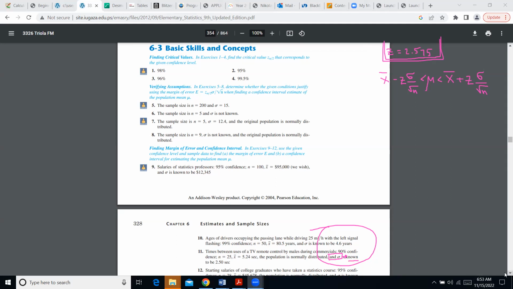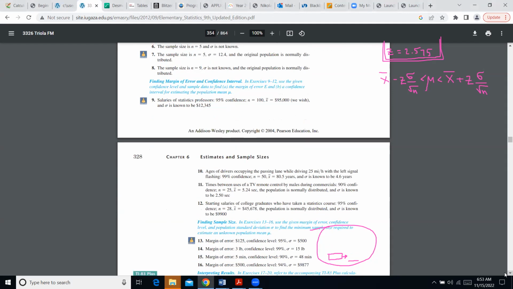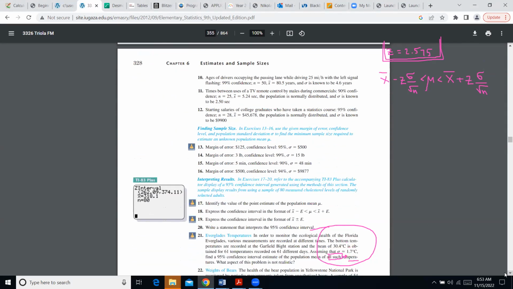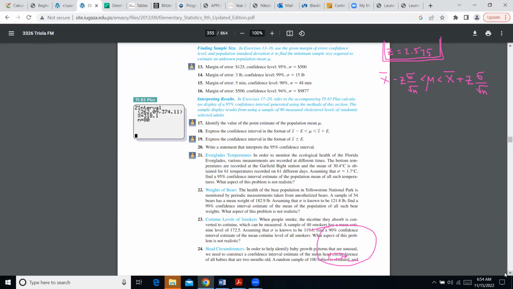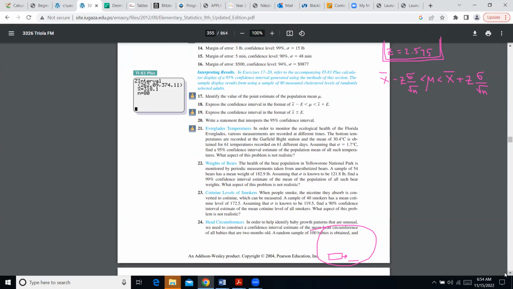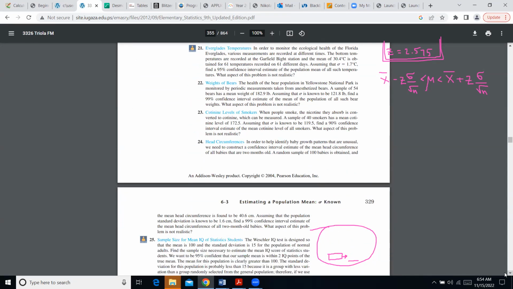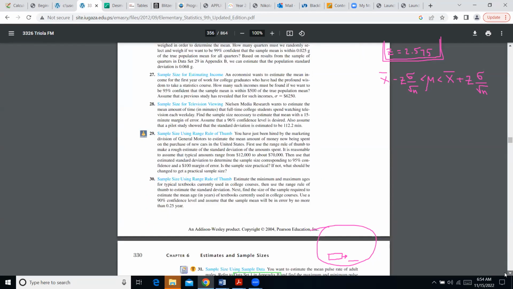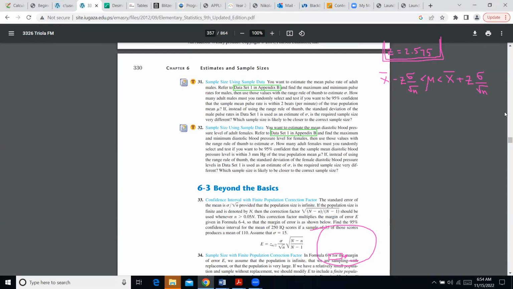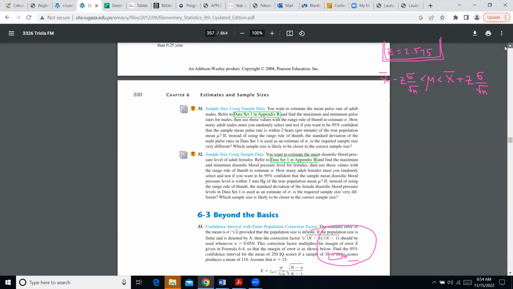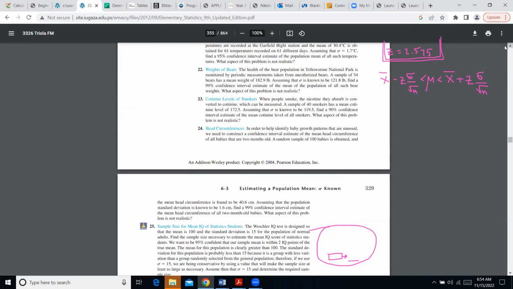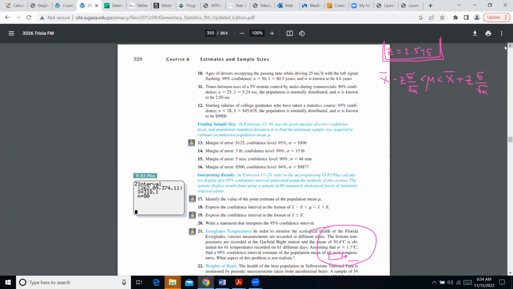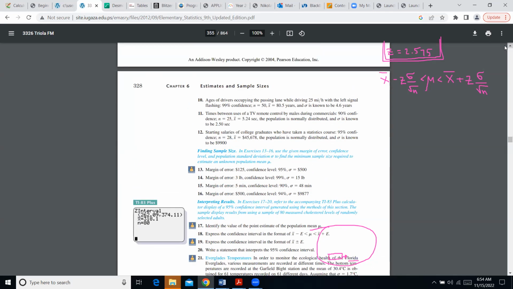They have various kinds of stories in here that could be used for practice. I think the second part of the section that deals with sample size, I don't want to look at right now. I just want to utilize the confidence interval formula. So let us try exercise number 10, for example.